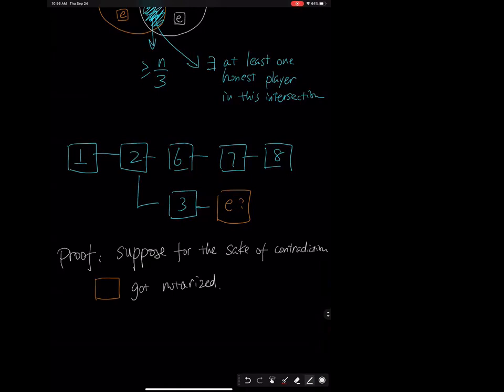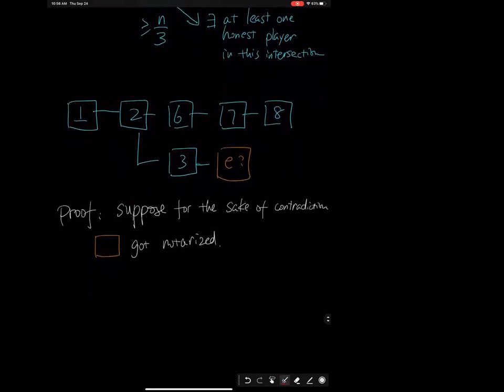No, because 6, 7, 8 are notarized blocks in this chain, by our assumption. Could it be 4 or 5? Yeah, it could possibly be 4 or 5. So it could be greater than 8. The only thing I want to rule out here is that it cannot be 6, 7, or 8.